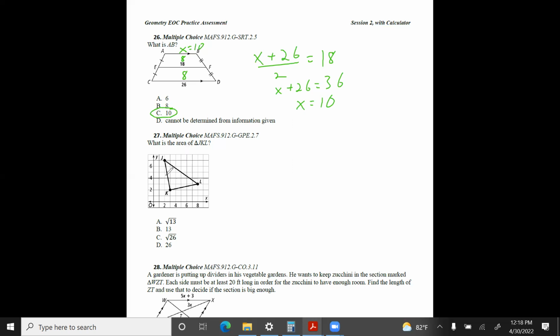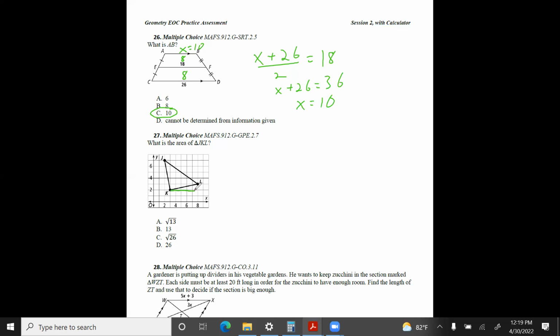On 27, you have the diagram drawn for you. They want to know what is the area of triangle JKL. So on here, we have, let's see, 1, 2, 3, 4, 5.